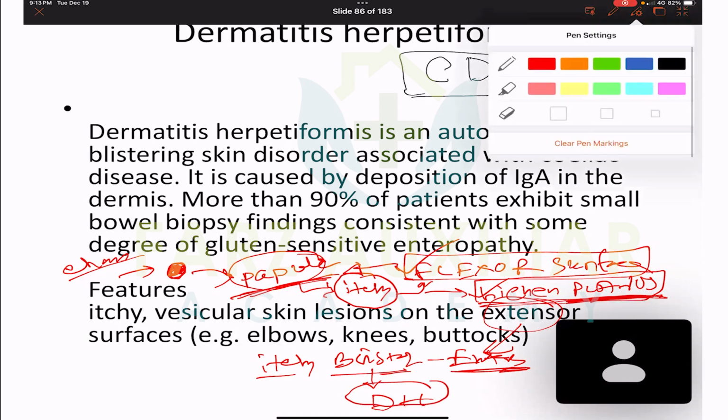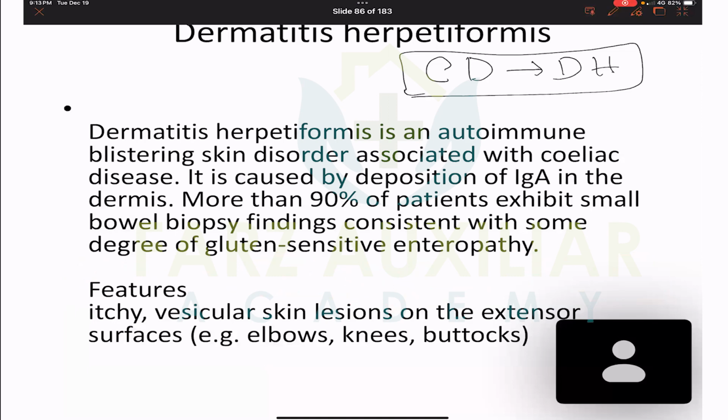This short presentation of disease is only helpful for your question answers. This is so much needed especially in dermatology. So again, on the extensor surface, itchy rash, you might think this is dermatitis herpetiformis. How can you be 100% sure?